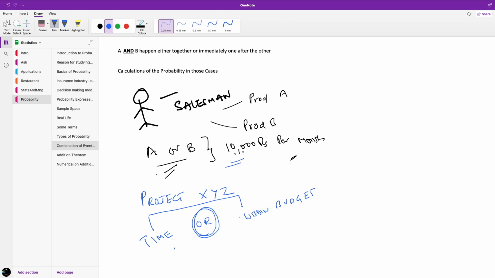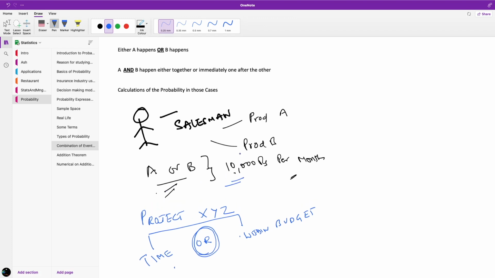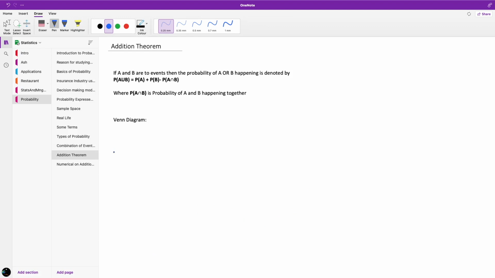So these are some of the situations where we want to calculate the probabilities. We'll come back to the AND condition in a later video. The probability theorem that helps us to calculate the OR is the addition theorem.